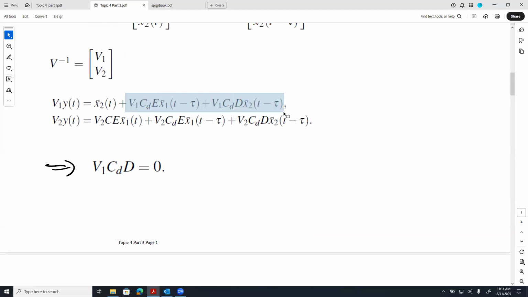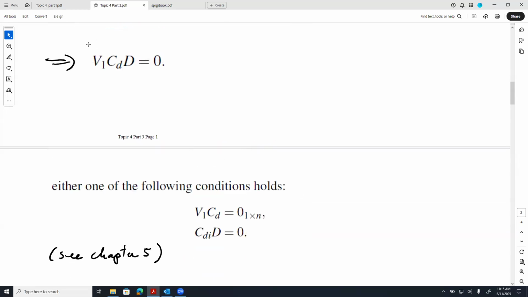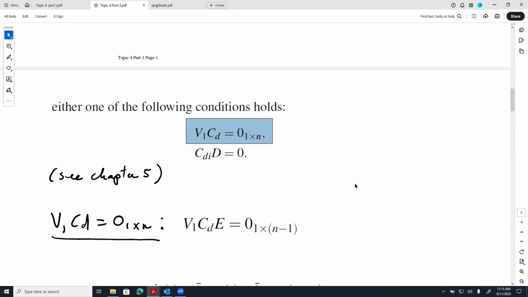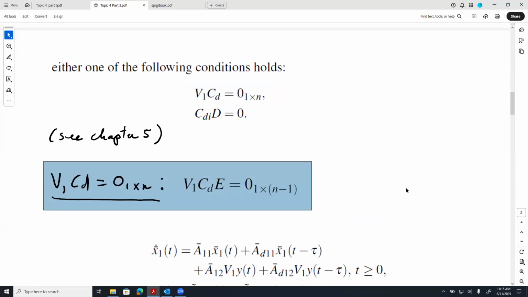So the two terms in here become 0, and we are left with just a simple expression. That is a simplified form. We express x bar 2 of t in terms of y1 of t. And this is possible if this condition holds true and the first row of matrix CD is 0. Okay, the first row of CD, in other words, CDI is 0. So this is the first condition.